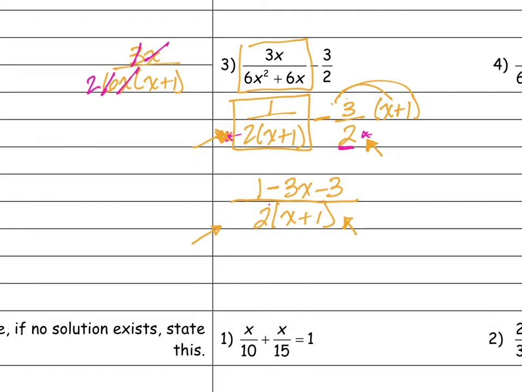So that's going to be negative 3x minus 2 all over 2 times x plus 1. Basically that's all I did on the above ones, only I took some steps out. I just did it faster. So you can slow it down and do it exactly the same way. Does that make sense a little better? Yes, ma'am.